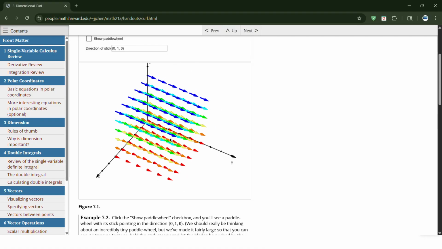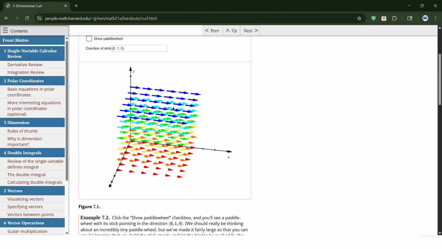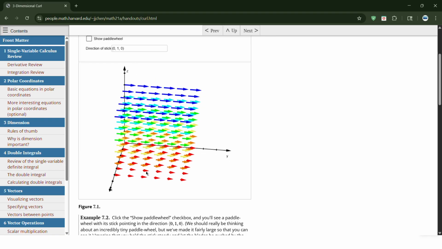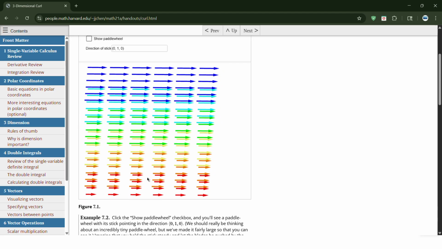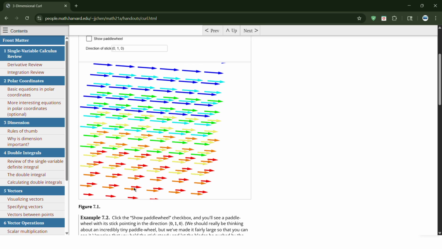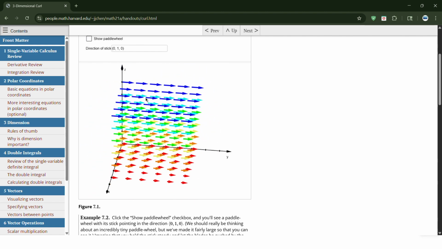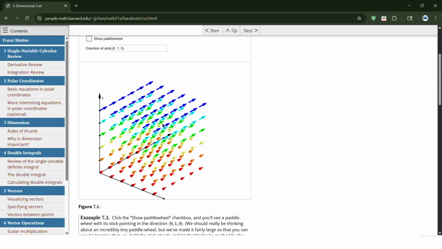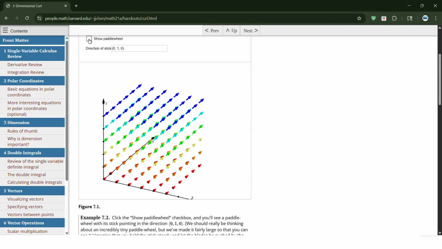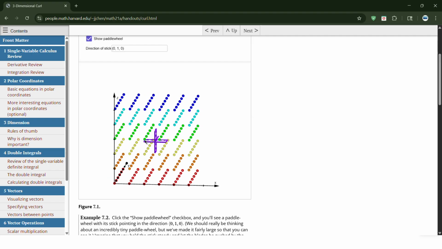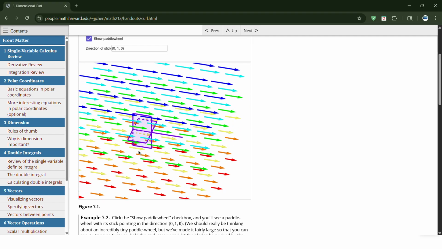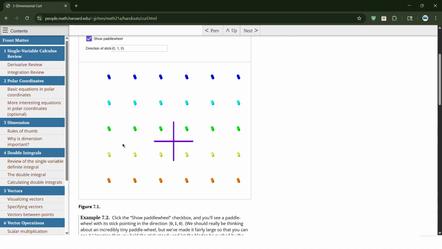These are the conservative forces, and the thing to be noticed is that the red arrows are much smaller than the blue arrows. It doesn't matter what the size is. What matters is whether it is creating a rotational effect on the paddle wheel placed there. I don't think it's creating a rotational effect. Does it look like it?